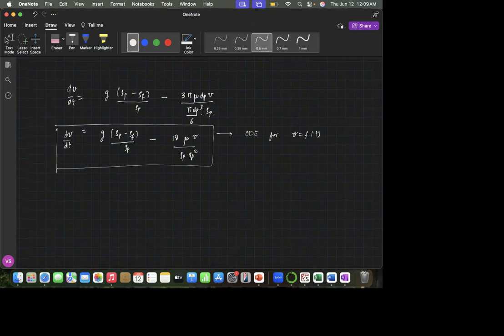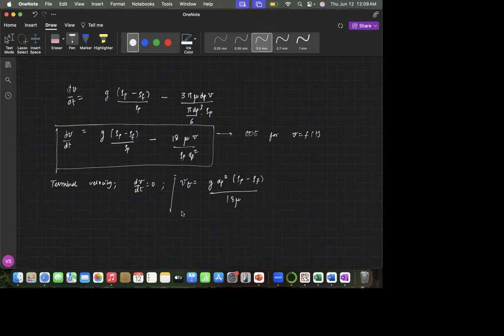And if you evaluate the terminal velocity, dv by dt becomes equal to 0, and therefore the terminal velocity becomes g d_p squared (rho_p minus rho_f) over 18 mu.